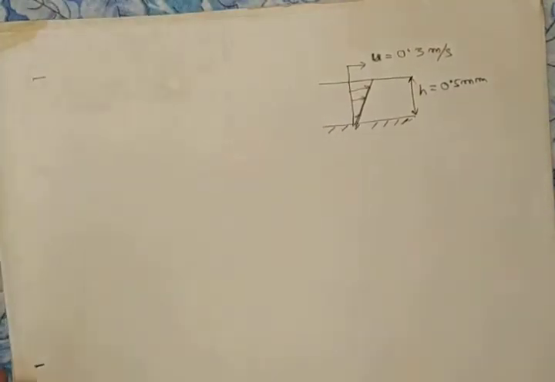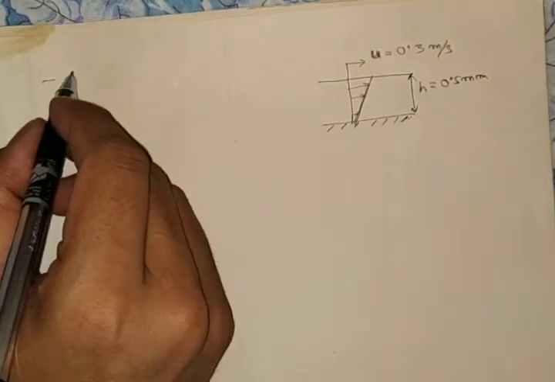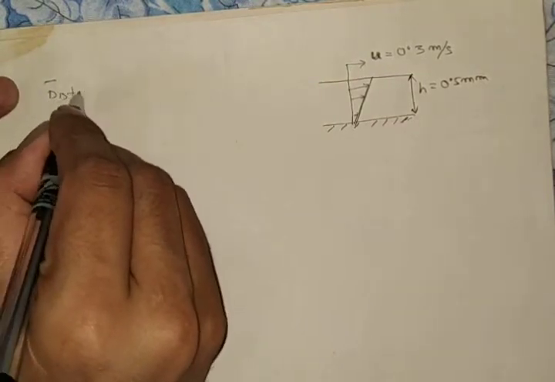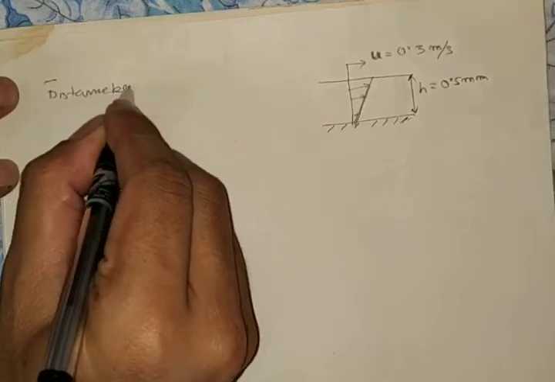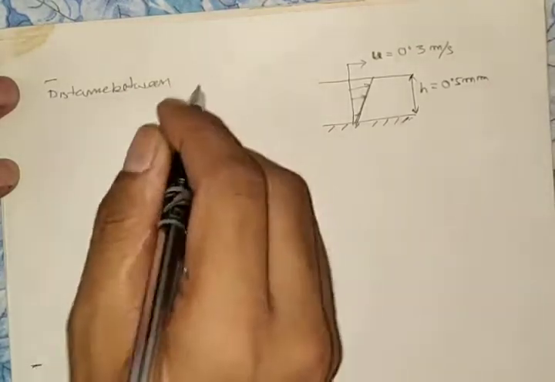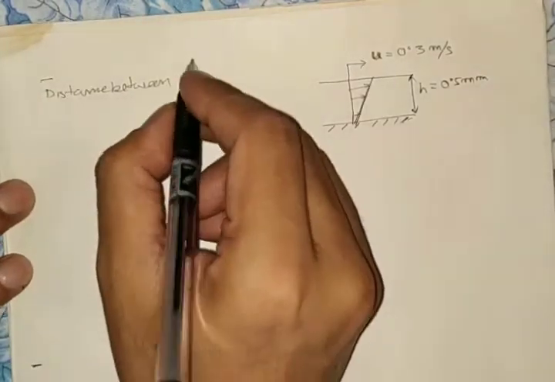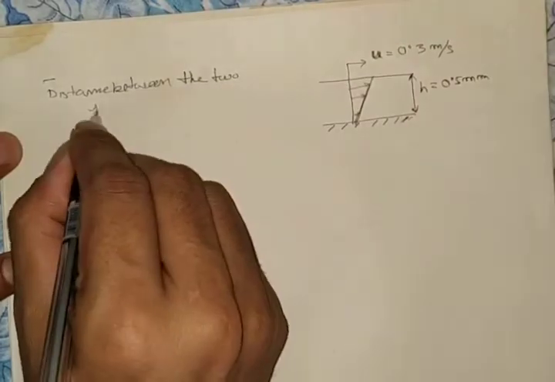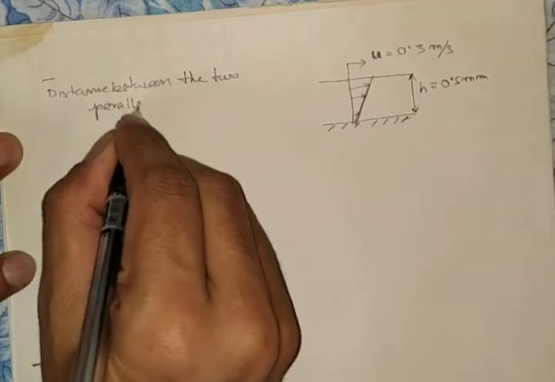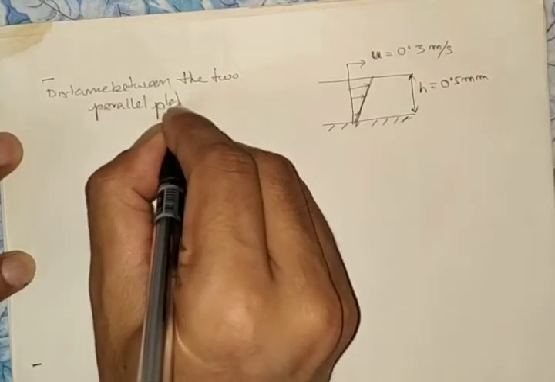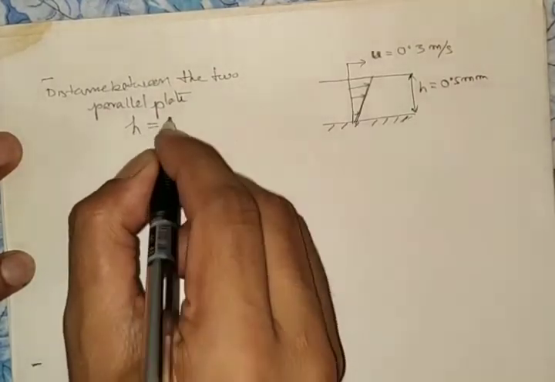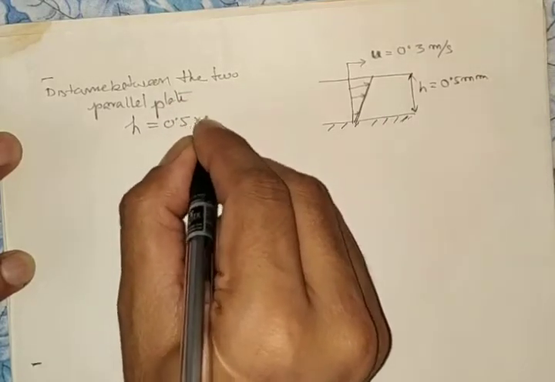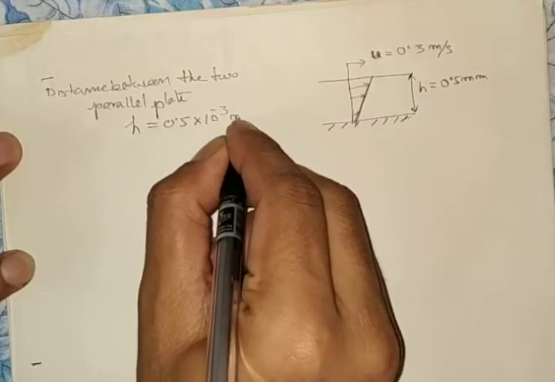So the given data: the distance between the two parallel plates, h, is 0.5 mm, so it is 0.5 into 10 to the power minus 3 meter.